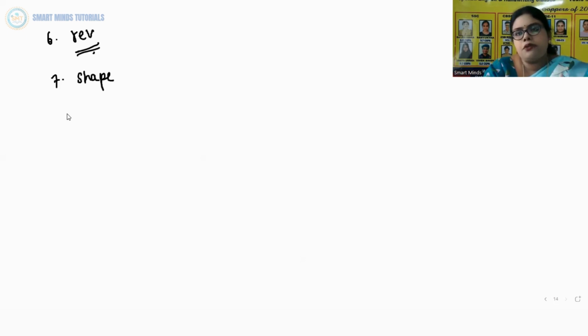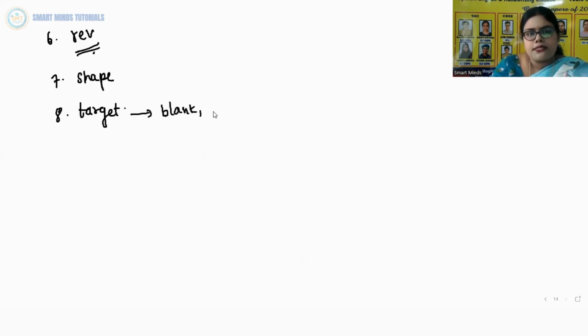The shape attribute is used to specify the shape of an area while creating an image map that becomes a clickable hotspot. Then number 8 is the target attribute. So what does this specify? The target attribute specifies the location to open a linked document, and its values are blank, self, parent, top, and target frame.